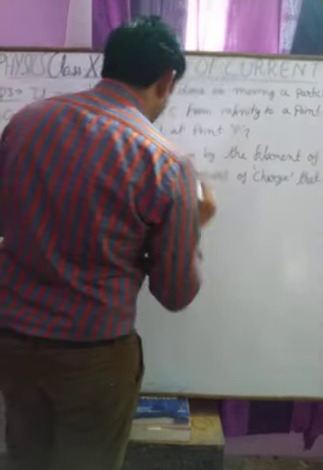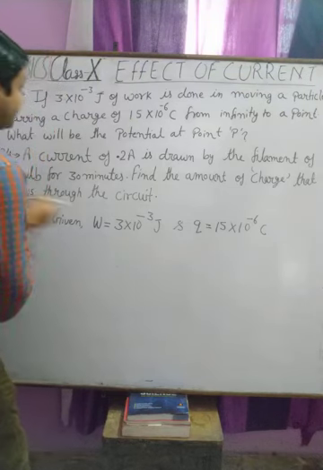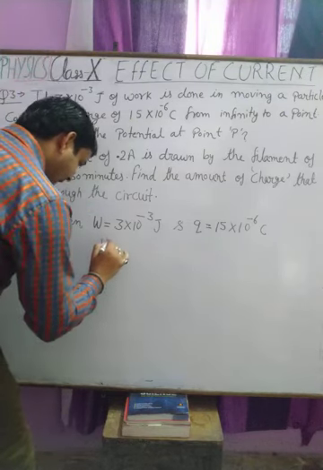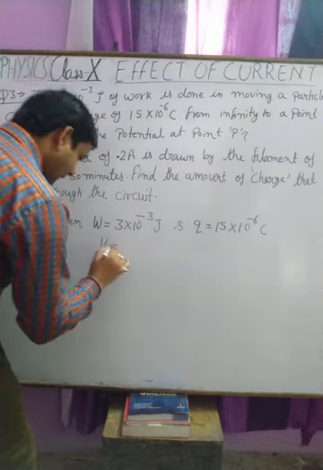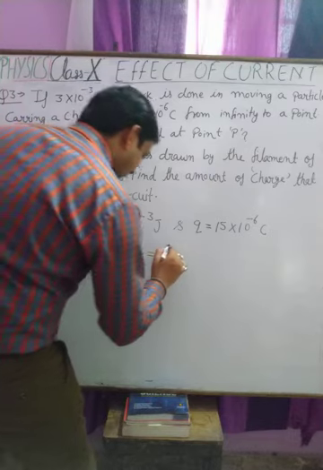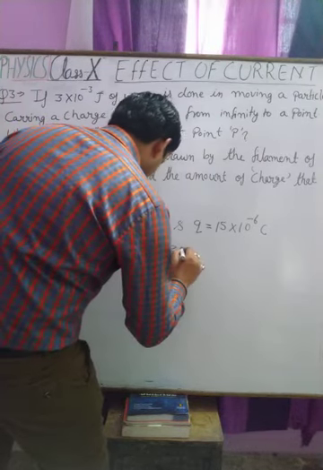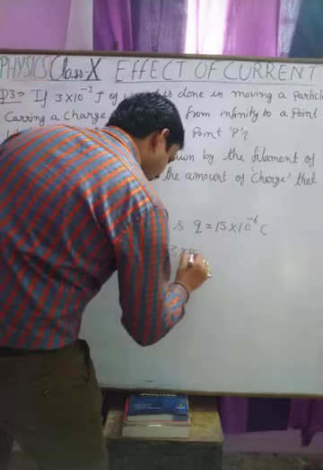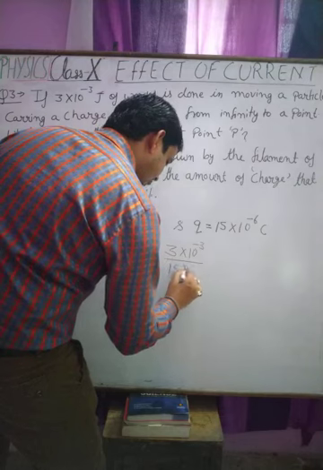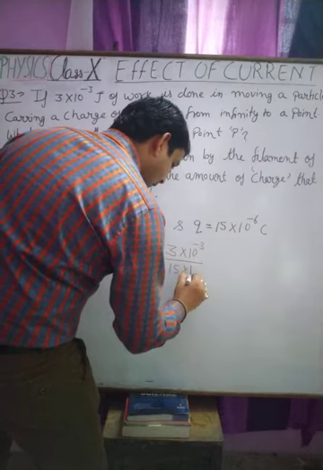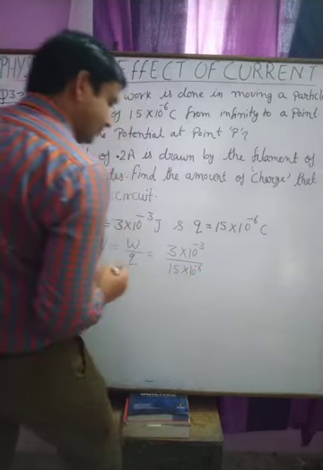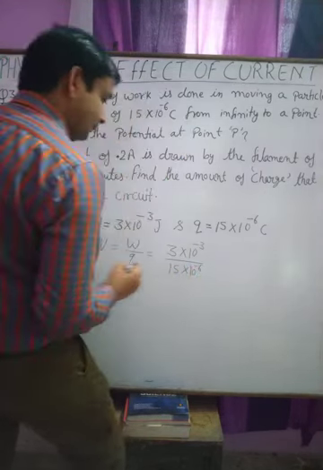Okay, now we have the formula, that is potential difference is equal to work done upon charge. On putting these values, 3 into 10 to the power minus 3 upon 15 into 10 to the power minus 6, one is in joule and this one is in coulomb.